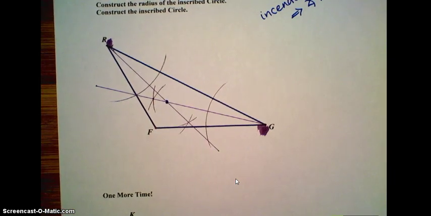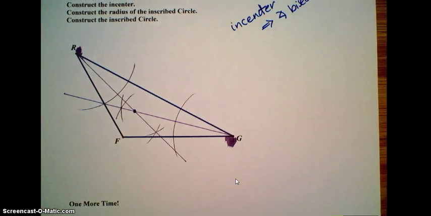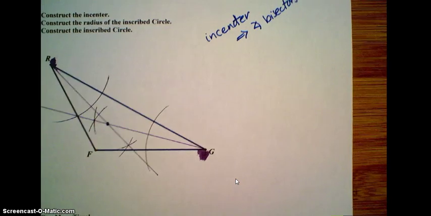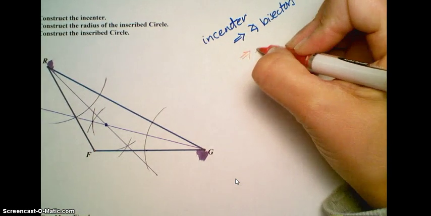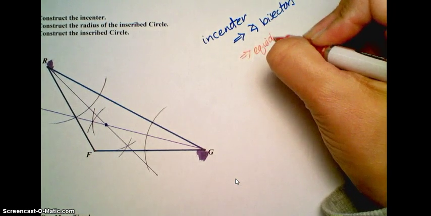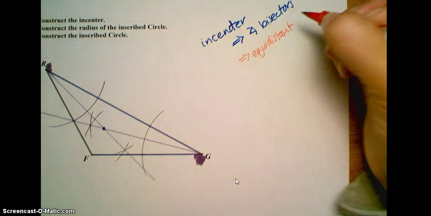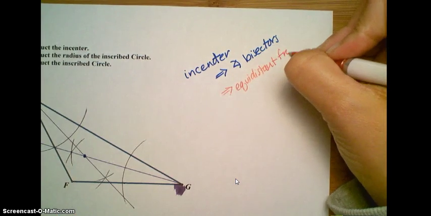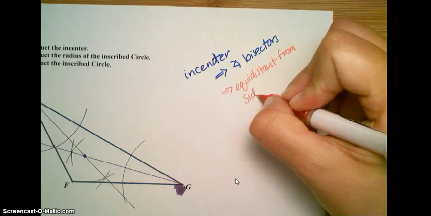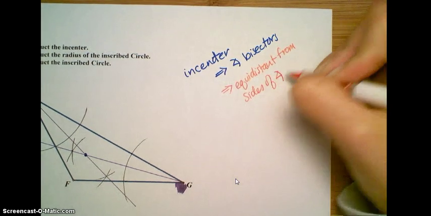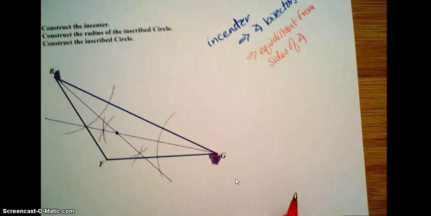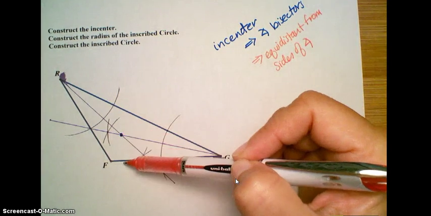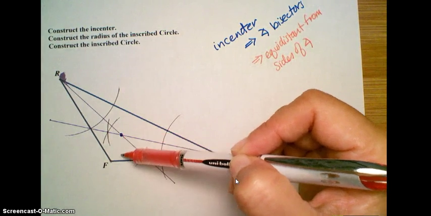Okay, the second part of this is incenters are equidistant from sides of angle. And again, to get the distance from a point to a line, I need a perpendicular segment.